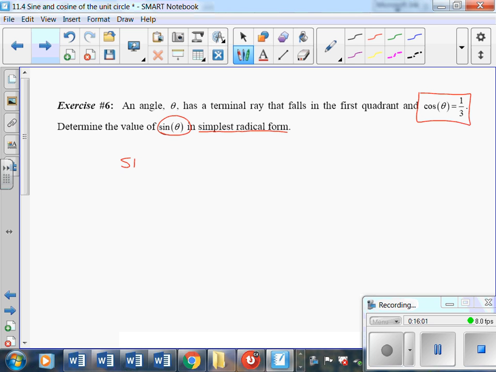Sine squared theta plus cosine squared theta is equal to 1. Well, we're looking for sine, so why don't we let x equal sine theta. So we have x squared plus 1/3 squared is equal to 1.